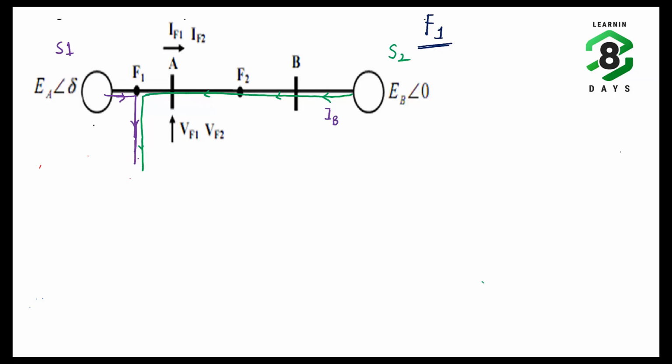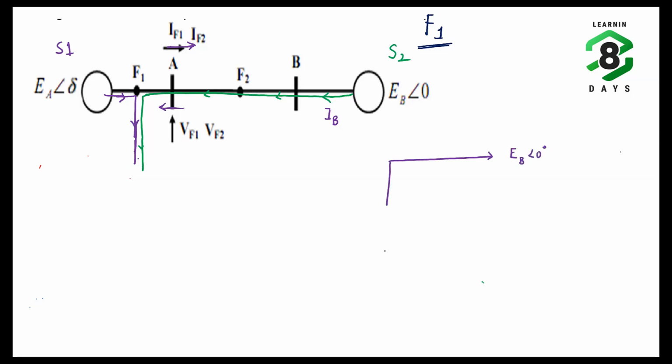Now tell me what is the direction in which the current is flowing through bus bar A. Through bus bar A, the actual fault current is flowing in this direction, whereas the designated current is opposite. Now if you draw the phasor diagram, this is EB at an angle 0.